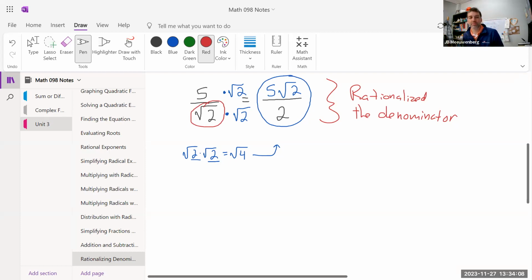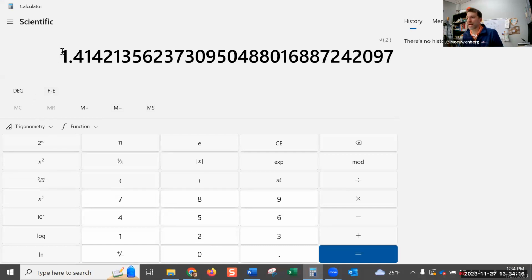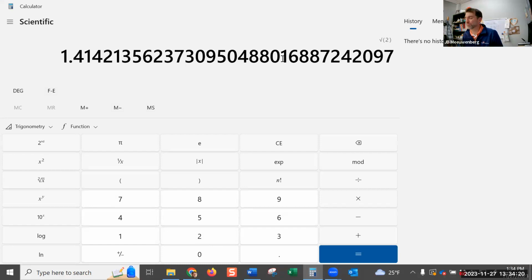Irrational numbers are numbers that can't be written as fractions. We often view them as decimals that go on forever and never repeat. Here's what a decimal approximation of the square root of 2 is. Notice how there's no repetition, and this technically just goes on forever.